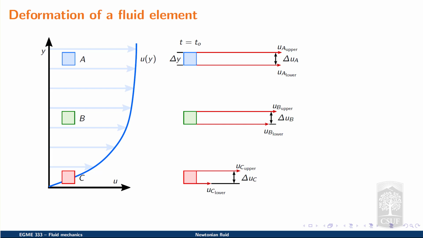So what type of deformation does the fluid element then experience because of the difference in velocity between the upper surface and the lower surface?